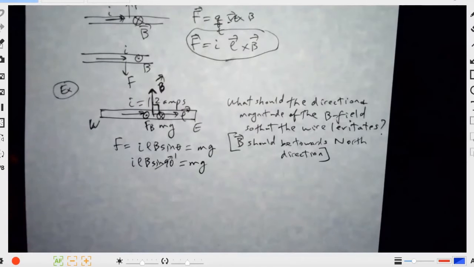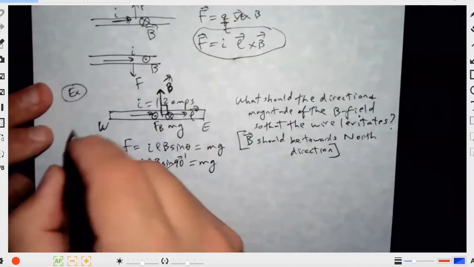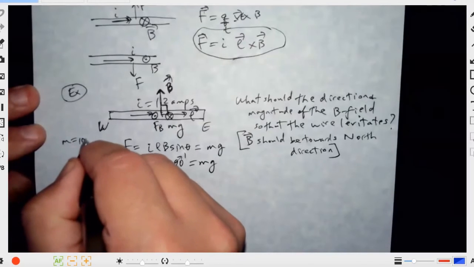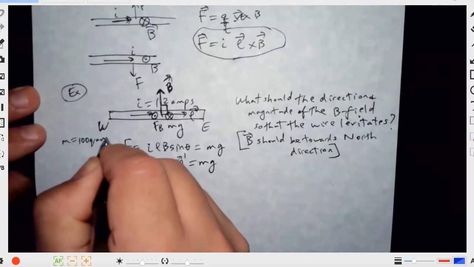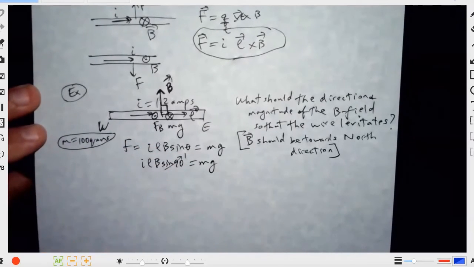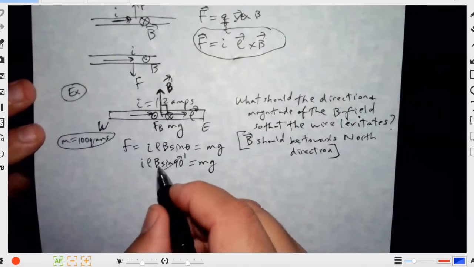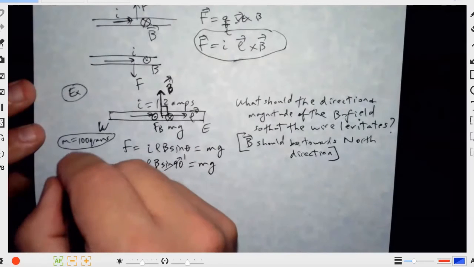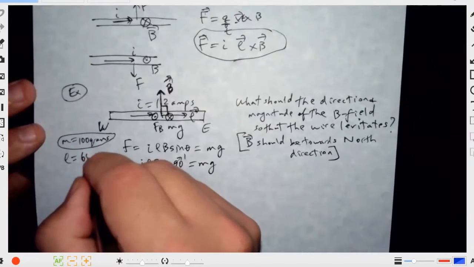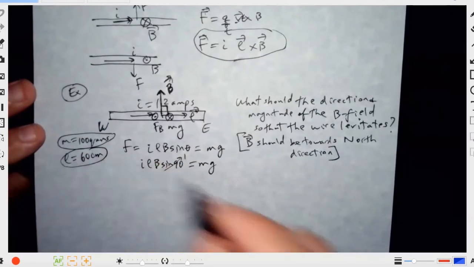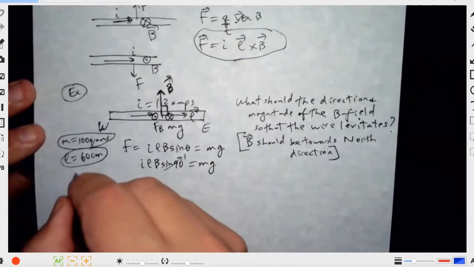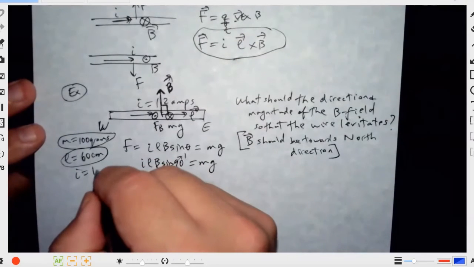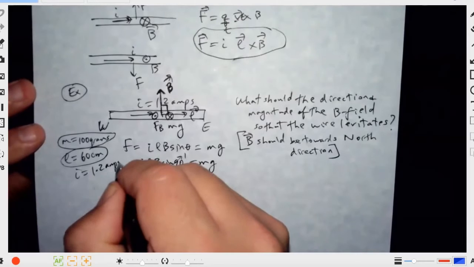Okay, so I guess some things have to be given to us. Let's say the mass of the wire is 100 grams, the length of the wire is 60 centimeters, and the current was already given, 1.2 amps.